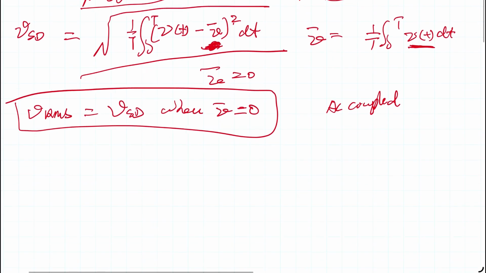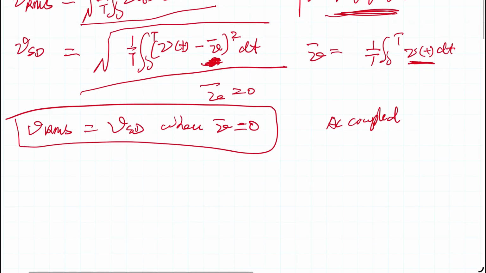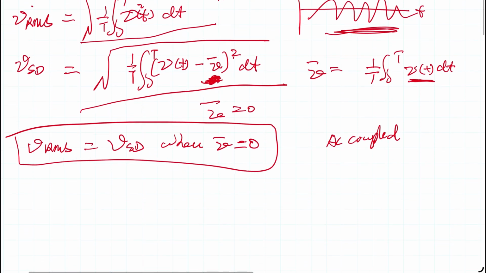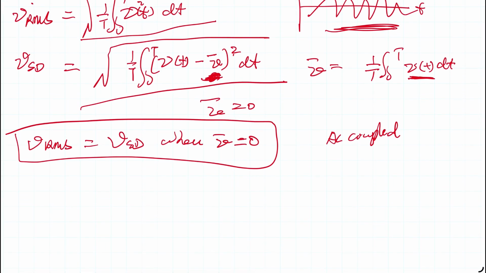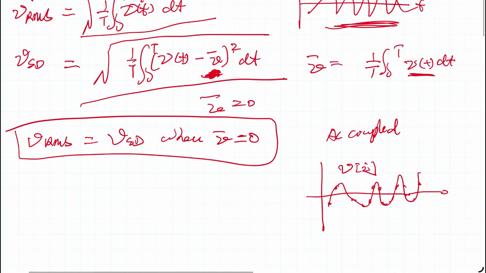Just for completeness, let's also look at RMS and standard deviation in the discrete domain. The discrete domain is common when we have a sampler and a signal. It's an AC signal like this, but we have a certain number of samples distributed equally along this line, and each sample we call V_i.